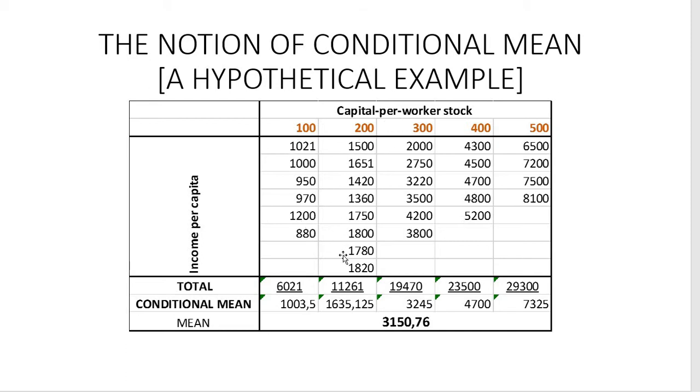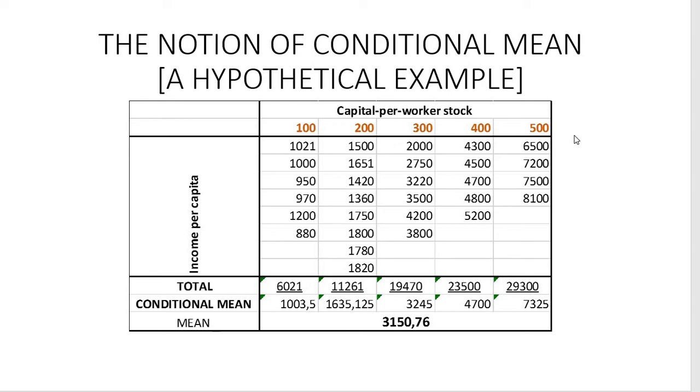The same applies here. You take all the countries with capital per worker stock of 200 and you calculate the average value. So this is your new conditional mean. What value of income per capita should you expect if the value of capital per worker stock is equal to 200, and so on and so forth.